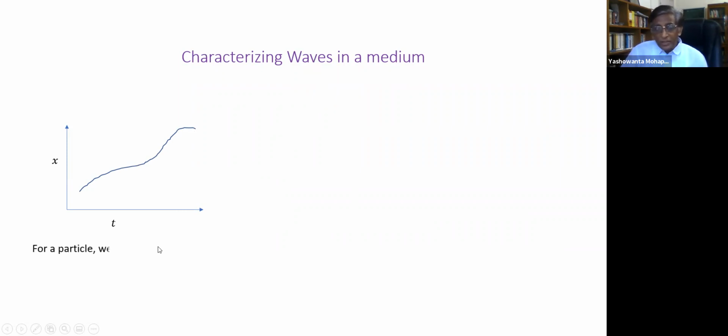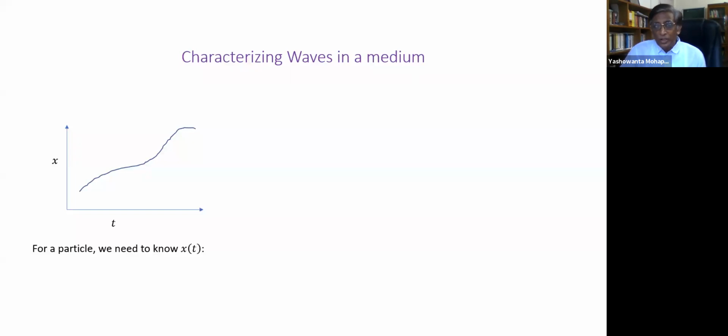Now, characterizing waves in a medium, let me amplify this a little bit. If it is a particle, we know that in dynamics in physics 102 you would have done x of t. If I know in one dimension a particle's position as a function of time, that is kinematics, then I can predict where it is or what it is doing in the medium.